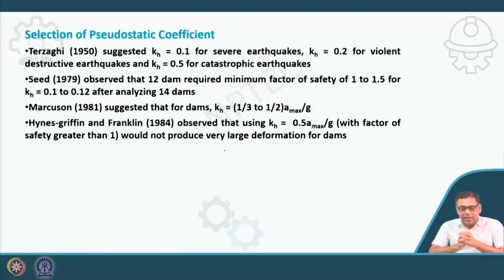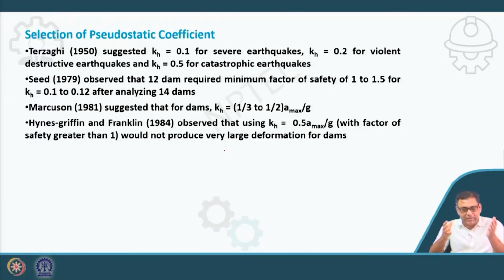But Seed observed, after analyzing 14 dams, that 12 dams required a minimum factor of safety of 1 to 1.5 for k equal to 0.1 to 0.12. They analyzed the 14 dams and found that if they consider k equal to 0.1 to 0.12, then the minimum factor of safety was observed for 12 dams.